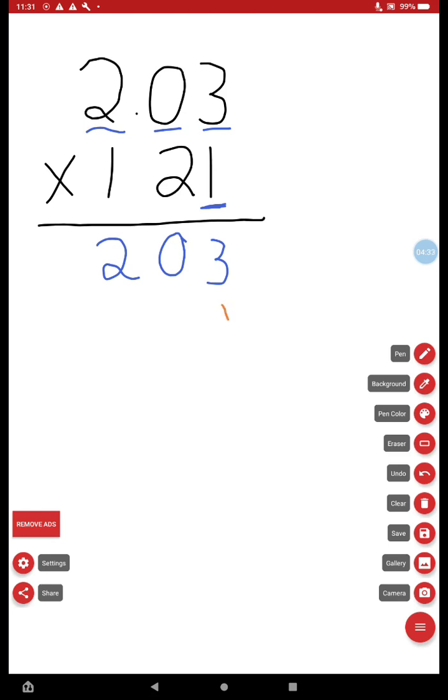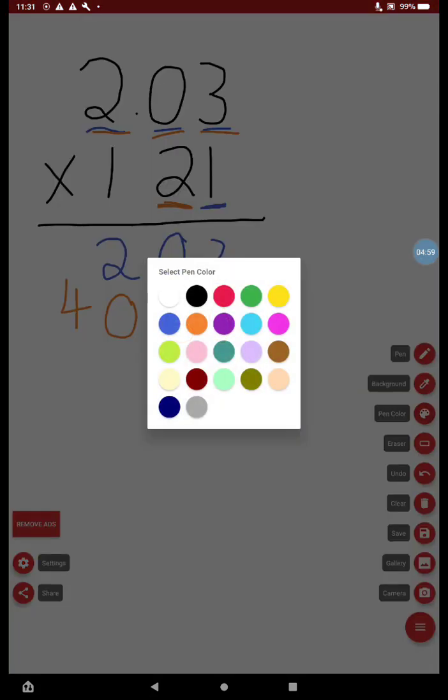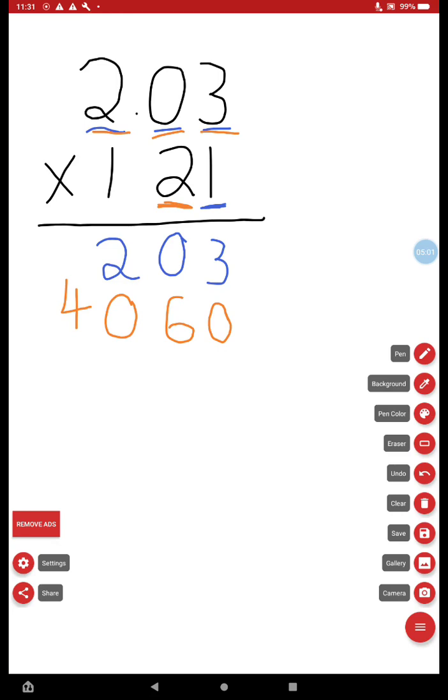I need to put a placeholder in the ones column, and now I can multiply using the 2. 2 times 3 is 6. 2 times 0 is 0. 2 times 2 is 4. I'm not done yet. I still have a number in the hundreds column. So I put in one placeholder, two placeholders. Now I can multiply by the 1.